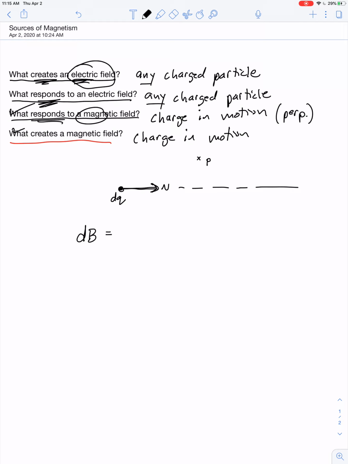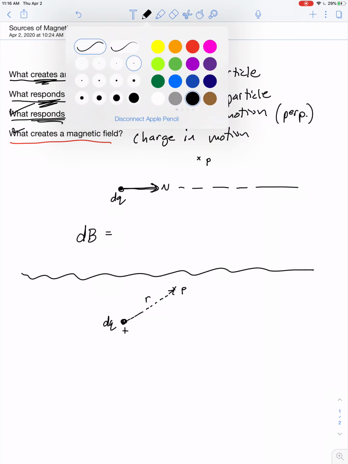But wait, before I state the formula, let me remind you of something. If I have just a little bit of positive charge dq and it's not in motion, and I'm just trying to figure out how strong the electric field is at this point P, then I draw in a line and I measure the distance from my charge to the point in question as r.